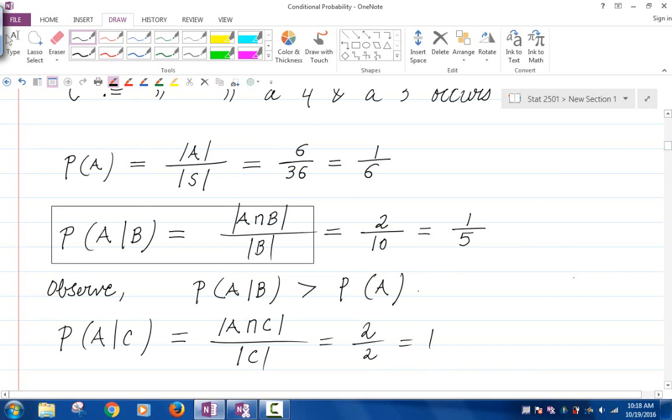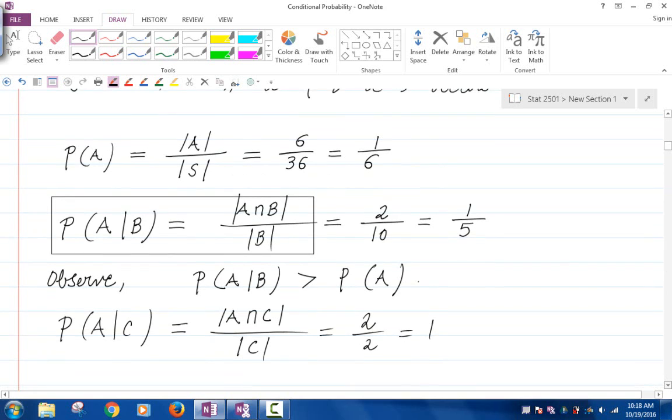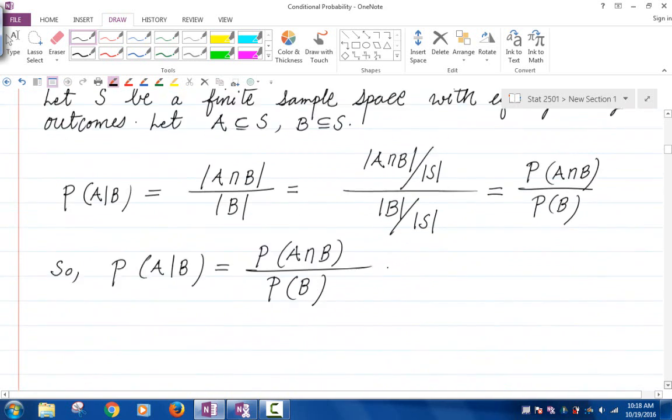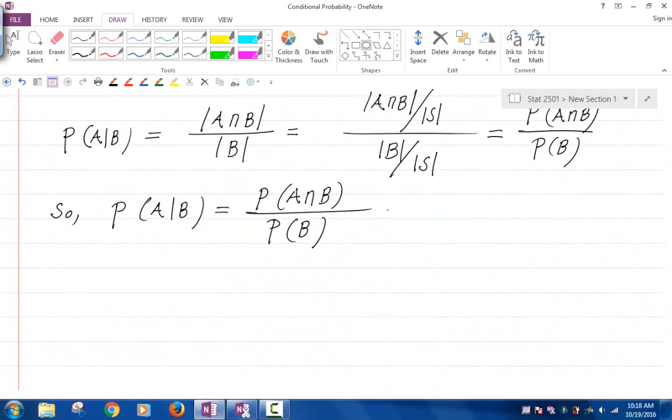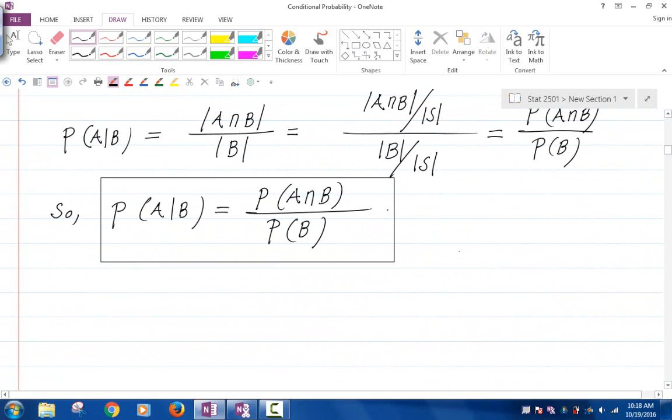We took that to be the formula for the probability of A given B. And now we see that that's the same as this one here, right? But the first formula that I gave you for P of A given B only worked for an equally likely sample space, right? If the sample space is finite, consisting of equally likely outcomes.